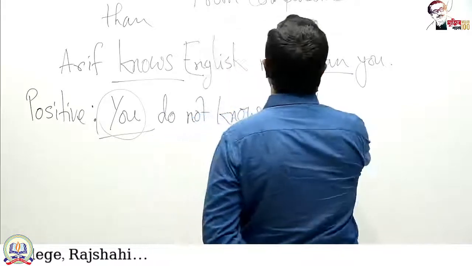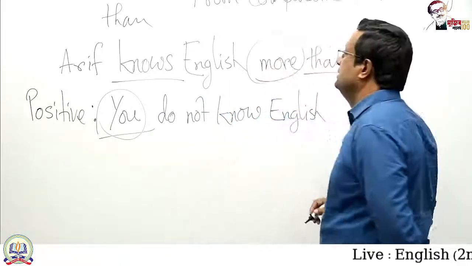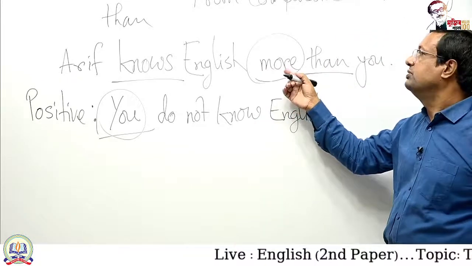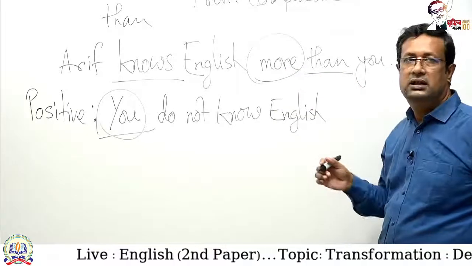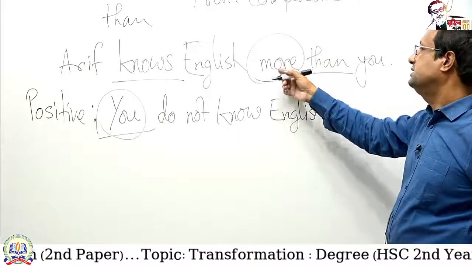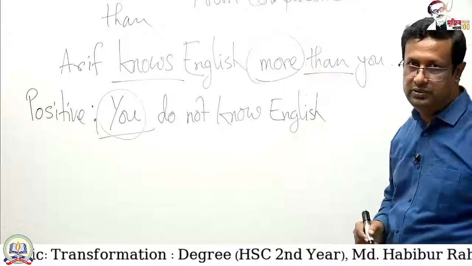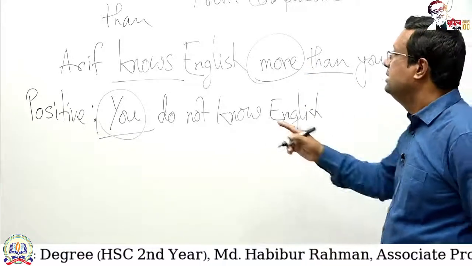Then come to what? Degree. What is the degree here? Only more. And this is not the additional thing attached to any adjective. Rather, this is the main word, main adjective. So, what is the positive form of more? Much, or many.